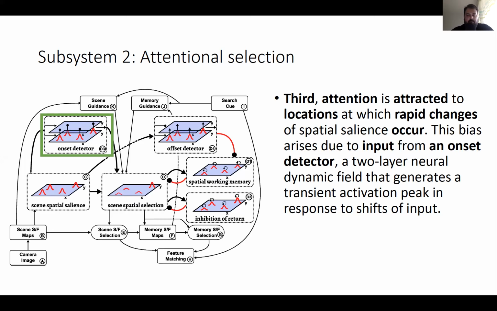The attention is then biased to this new location. This is a very strong bias. In experimental data we know that transients have a very strong influence on attention, so strong that you can't even prevent yourself from looking at the transient.